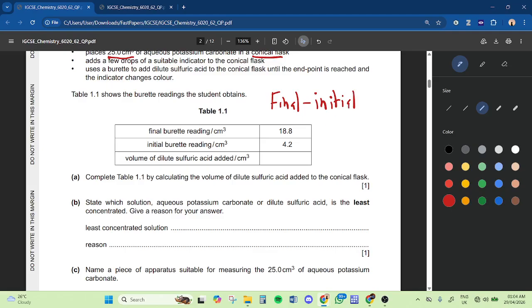So if we do that, you're going to have 18.8 minus 4.2. If you do the math, that's going to give you 14.6. So you're going to put 14.6 here. And remember, they've already given you cm³ over here, so there's going to be no cm³ over here. So make sure you don't make that mistake. If the table gives you the unit, then you don't need to include it in your final answer.